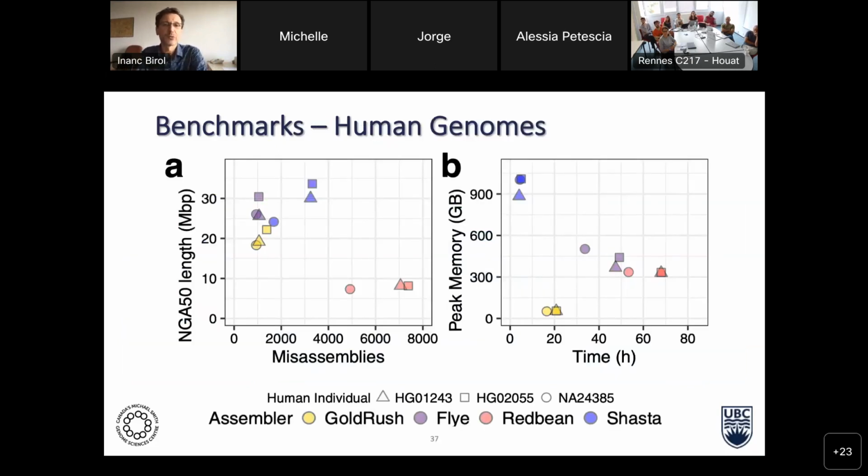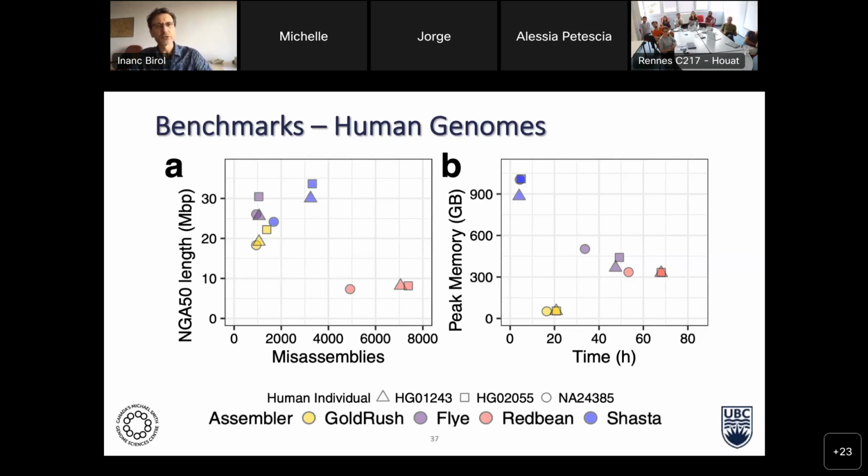All right, so benchmark results on human genomes. GoldRush is aptly shown in gold. We compared its performance to Flye, Redbean, and Shasta. And we look at the performance of these algorithms on contiguity and correctness dimensions, as well as their resource usage in terms of peak memory and execution time. All right.